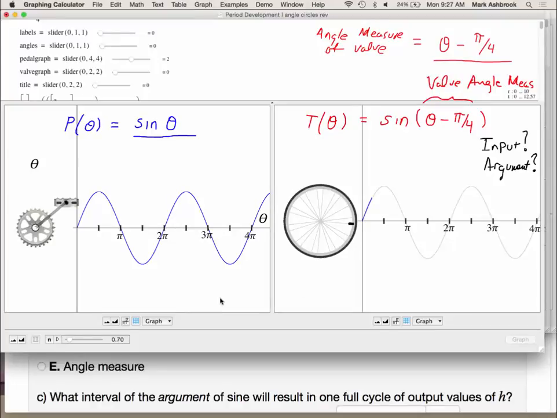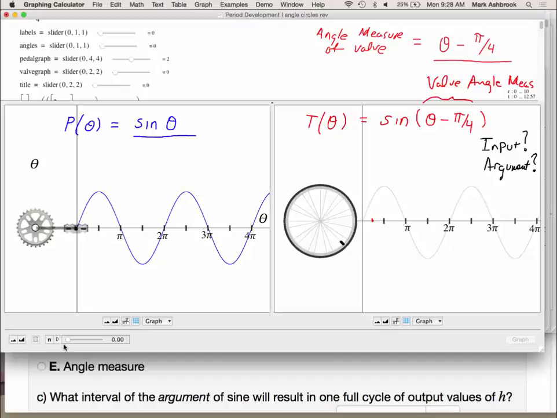So when the angle of the pedal hits pi over 4, now the tire valve is going to start its normal cycle, right? So that's here. And starting there, we imagine that the tire valve starts its cycle because it's lagging behind by pi over 4.